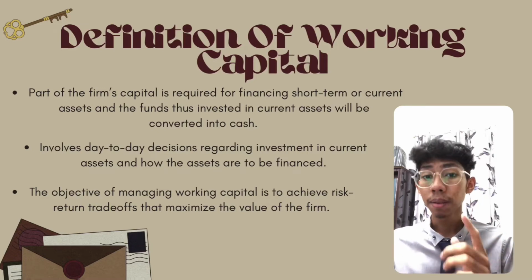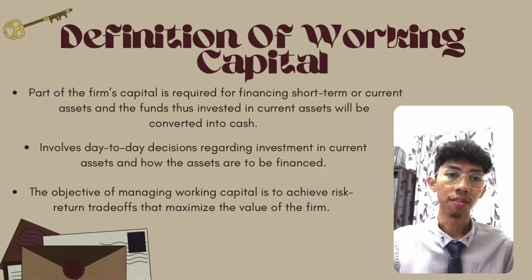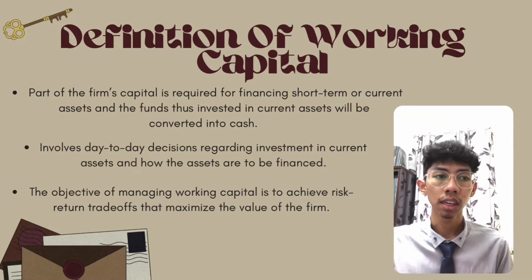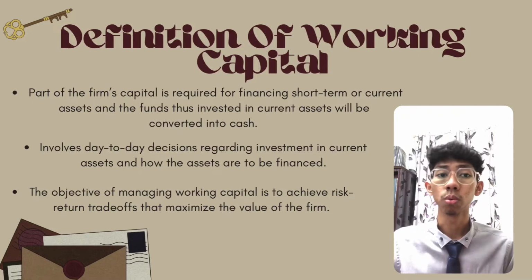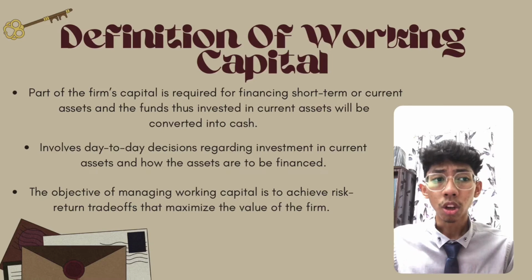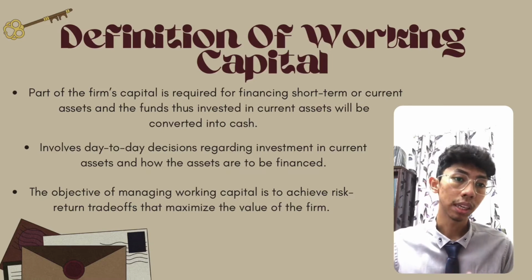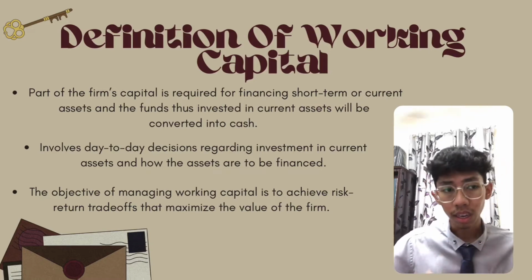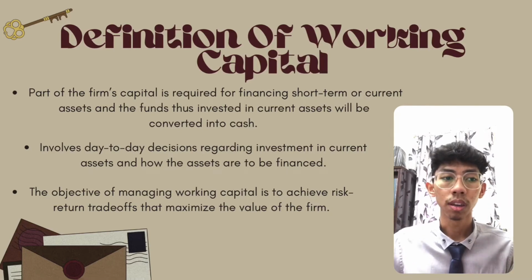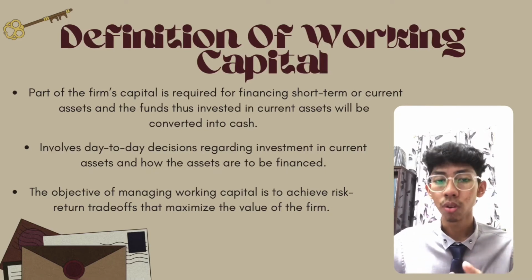It involves day-by-day decisions regarding investment in current assets and how the assets are to be financed. The objective of managing working capital is to achieve a risk-return trade-off that maximizes the value of the firm.